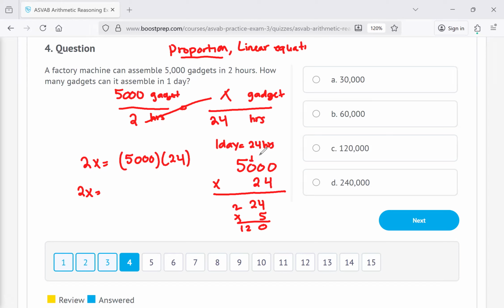Then all you have to do is add these three zeros. How many zeros? One, two, four zeros. Okay, solve for x, so you're going to divide this by 2, and you get 60,000. Yep, letter B.